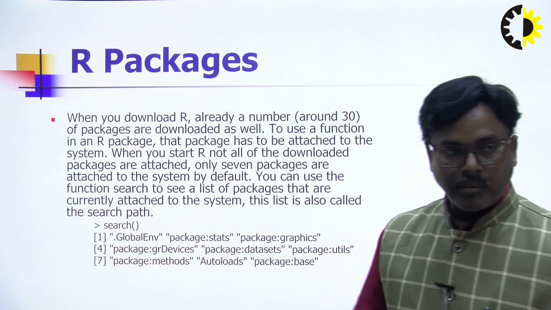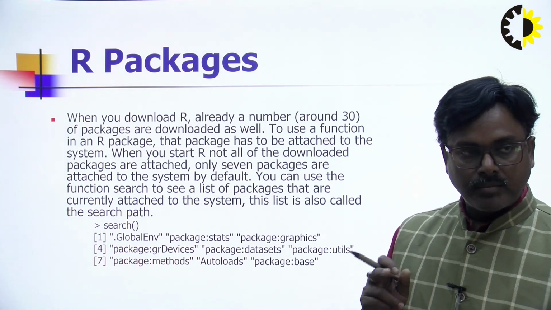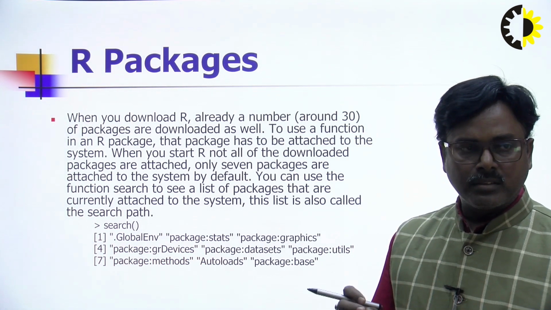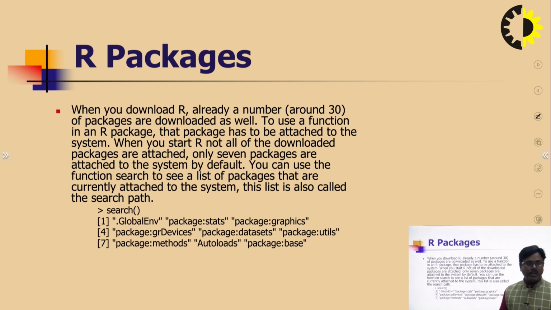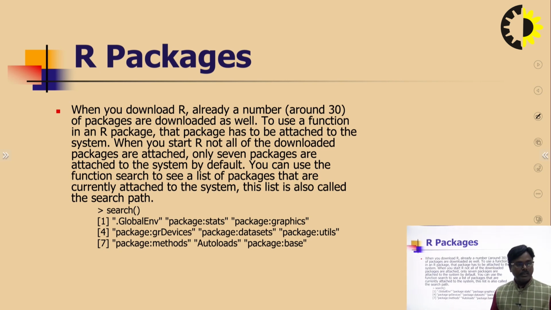Now we have already seen in the previous lecture that R packages can be downloaded, and there are around 30 packages that are downloaded when you download the R programming language from the specific site or URL given in the slide. When we talk about R packages, it actually refers to the R library, which holds different sorts of methods that can be utilized in your program.